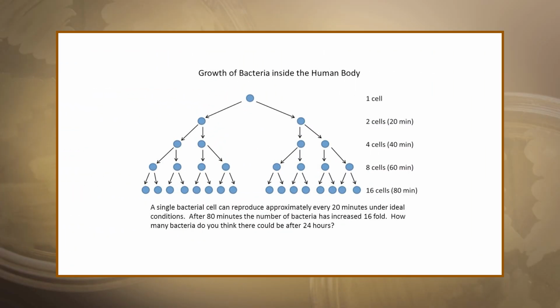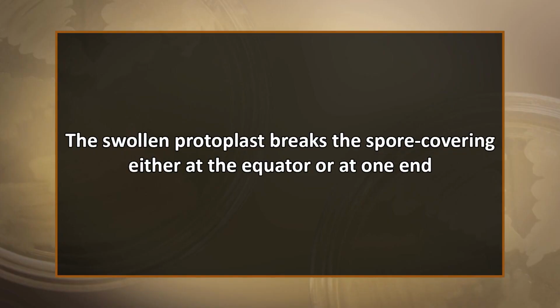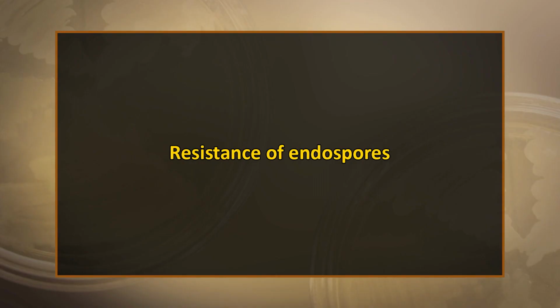The protoplast absorbs water and swells up. Dipicolinic acid leaks out so that the protoplast becomes active. The swollen protoplast breaks the spore covering either at the equator or at one end. It comes out as a new bacterium surrounded by the thin core wall. Now, resistance of endospores.